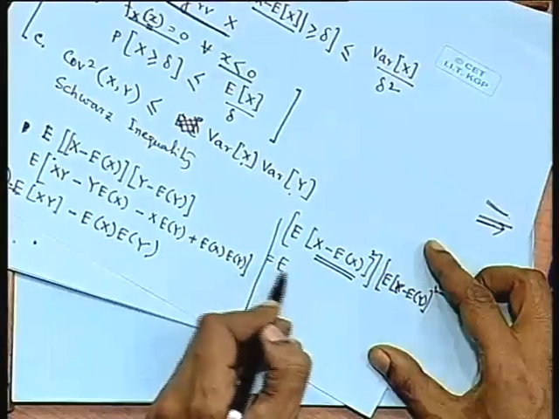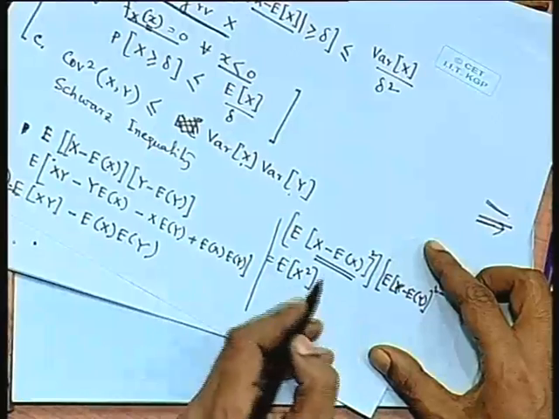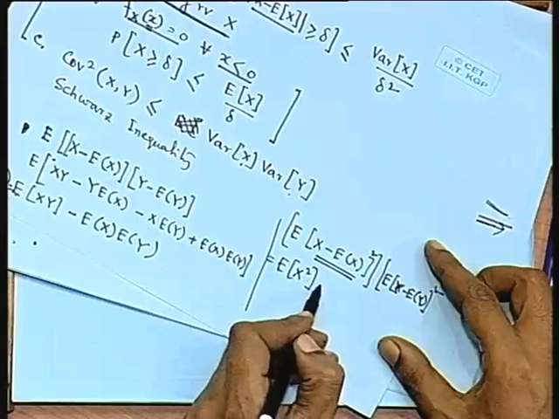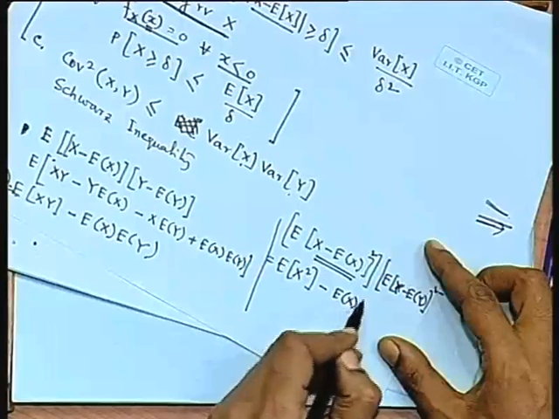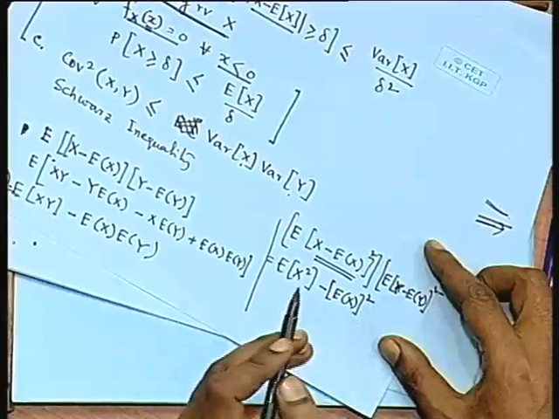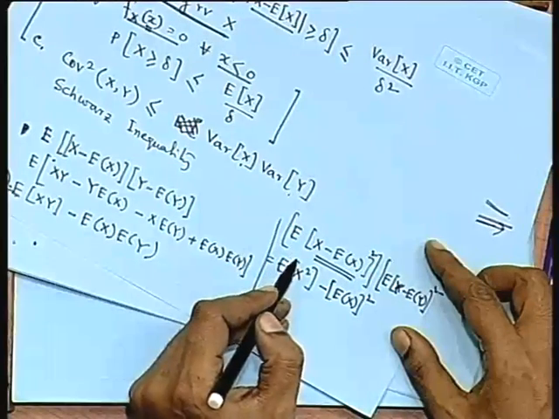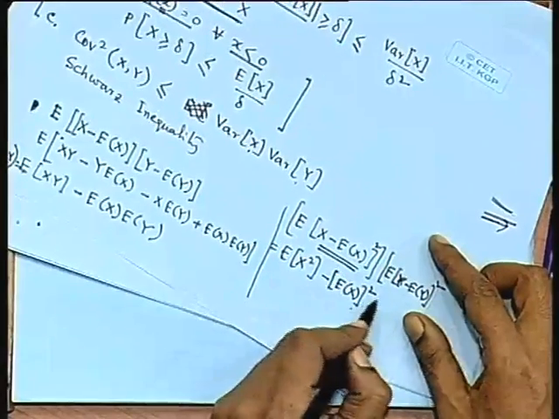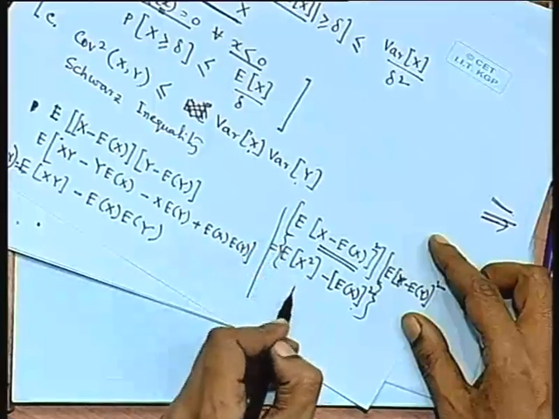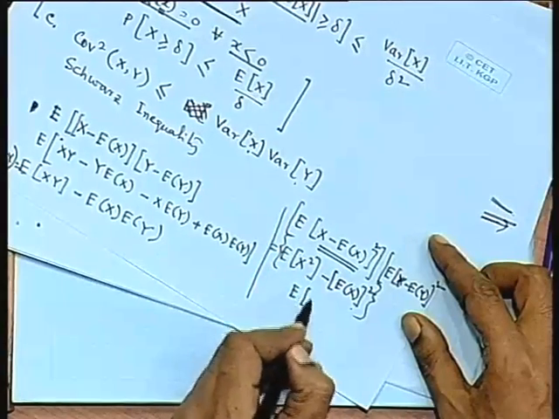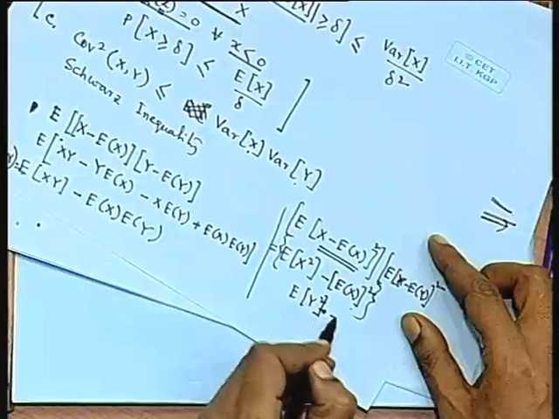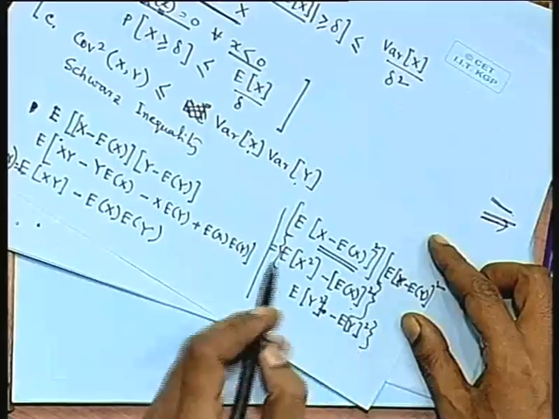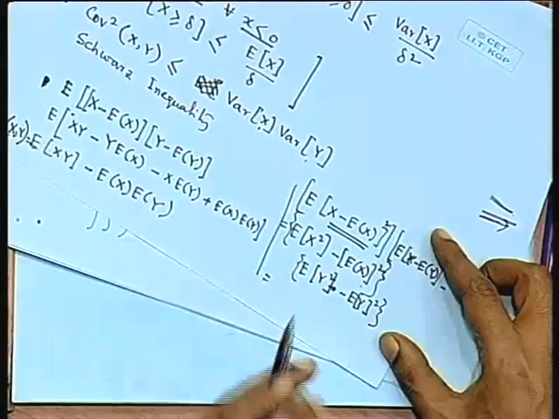This is nothing but expectation of x square minus expectation of x whole square, and this is going to be multiplied by expectation of y square minus expectation of y whole square, correct.